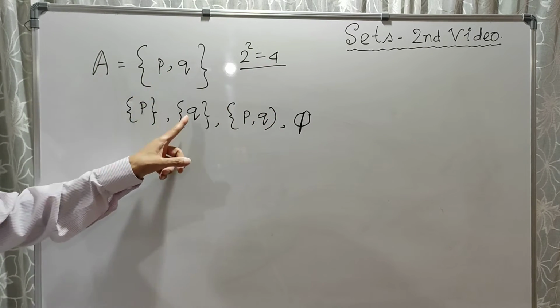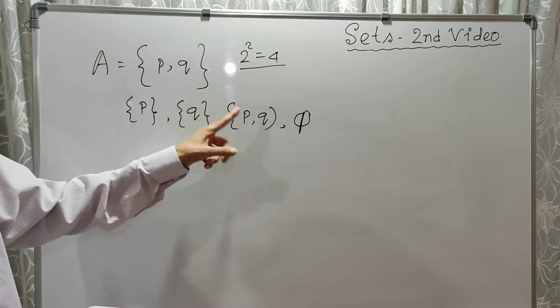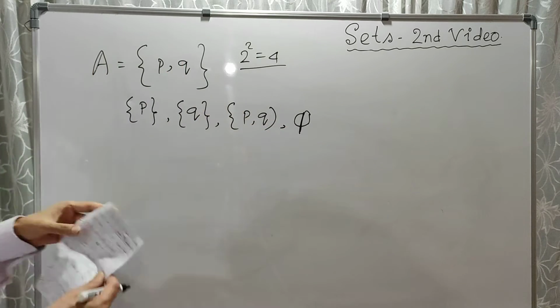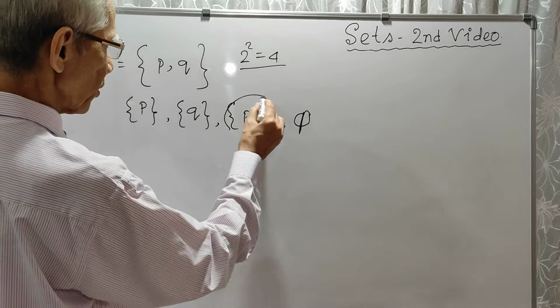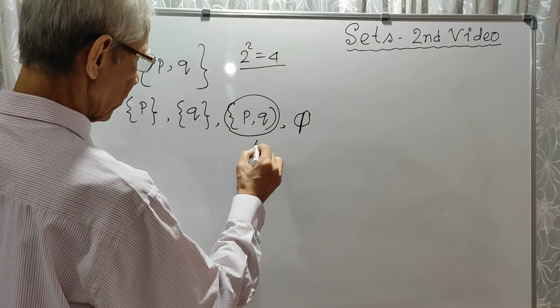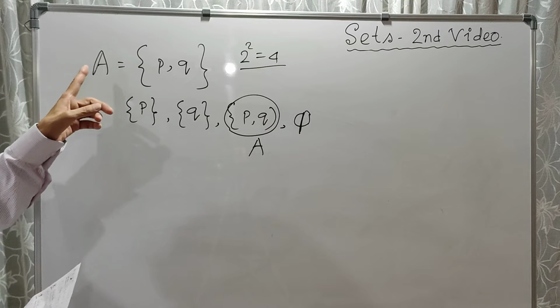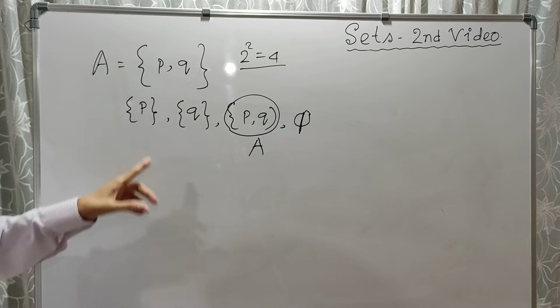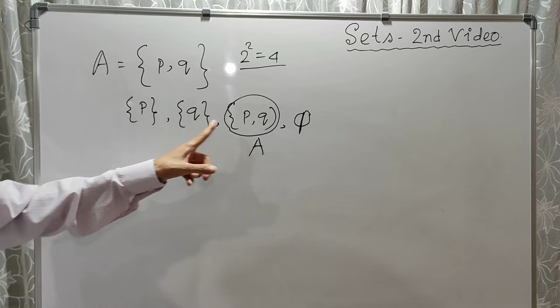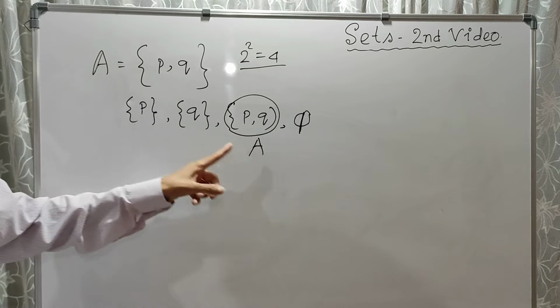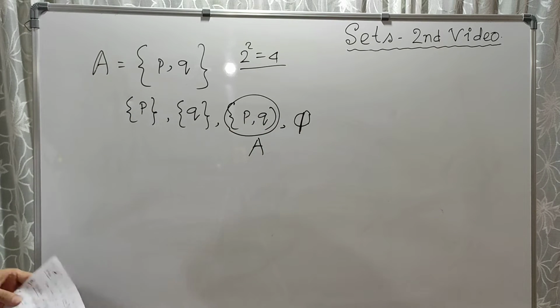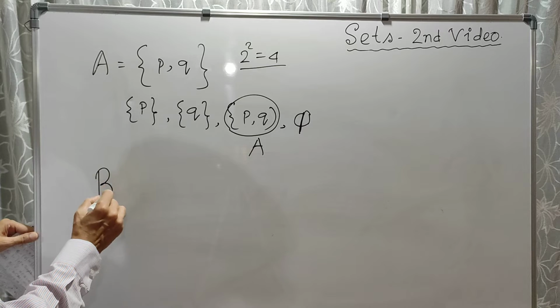Taking one element, this, taking one element, this, taking two elements means itself, and then the null set. We can also write just A in place of this. So this set has 4 subsets: this one, then the null set, and itself. Itself means this A.